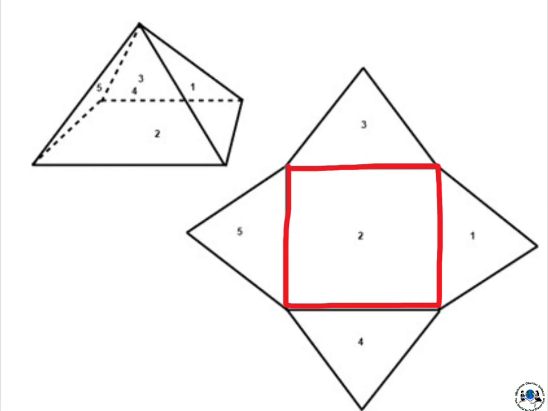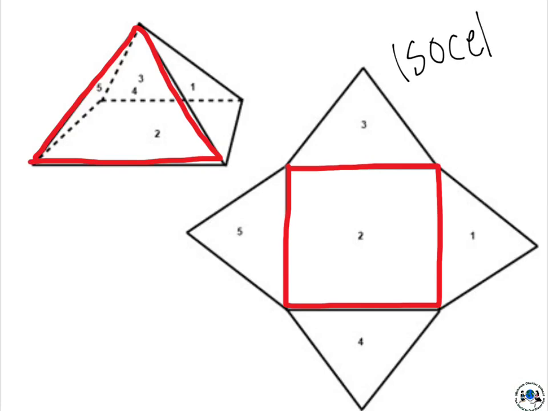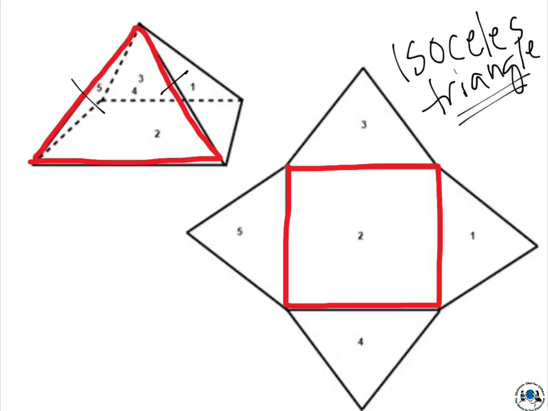The sides, and when you build it right here, here are the sides, all of those are what are called isosceles triangles. We've talked about isosceles triangles before, not in any kind of depth, but if you look it up, there are always two sides that are equal.